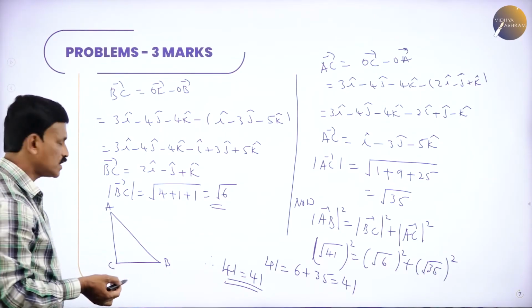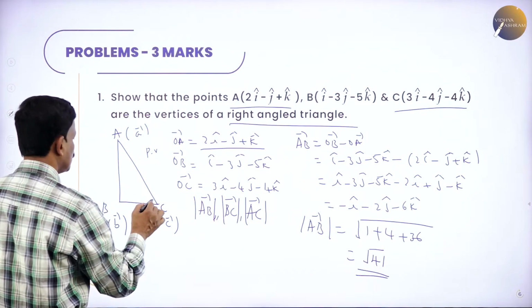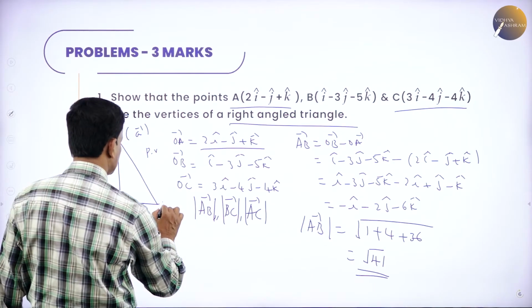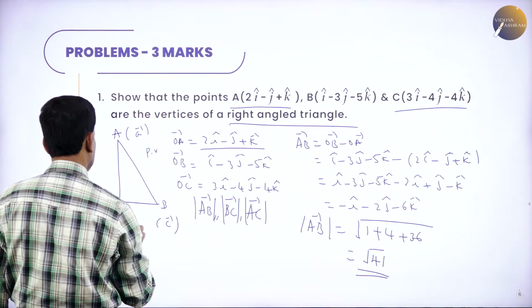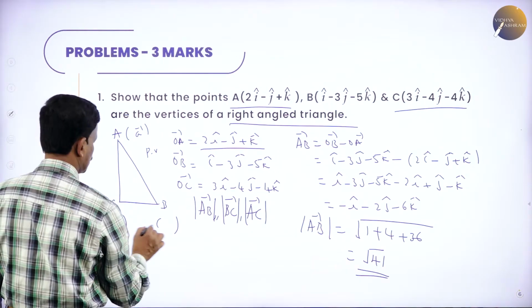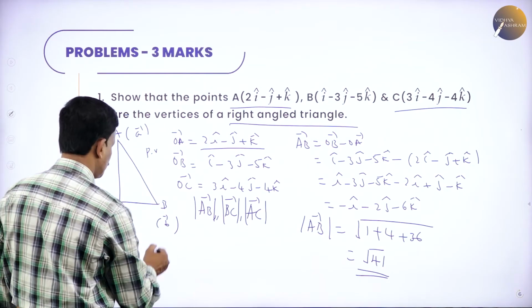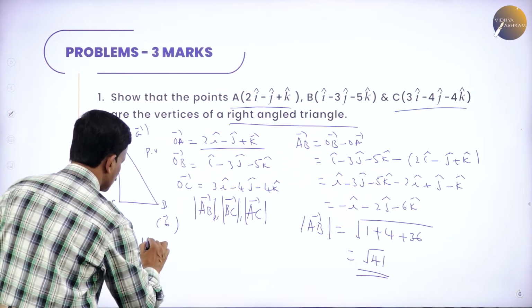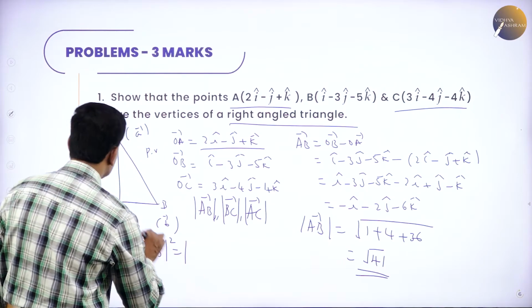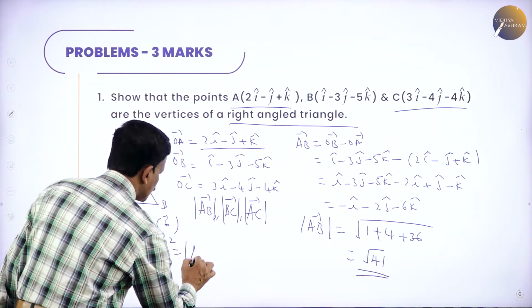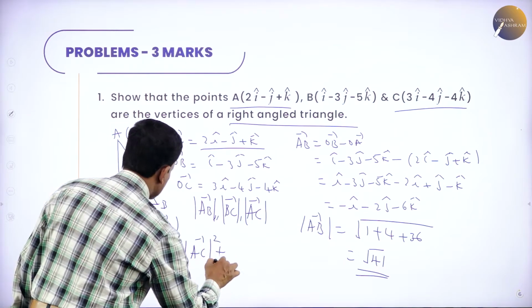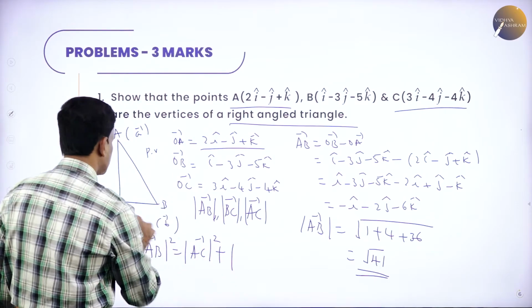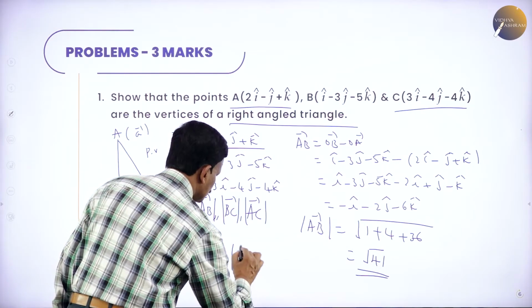So here I will change the diagram. This is A, this is B and C. From this you can say the length of AB square, vector AB square, is equal to the length of AC square plus the length of BC square or CB square.